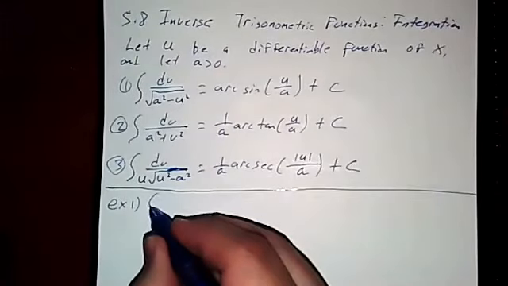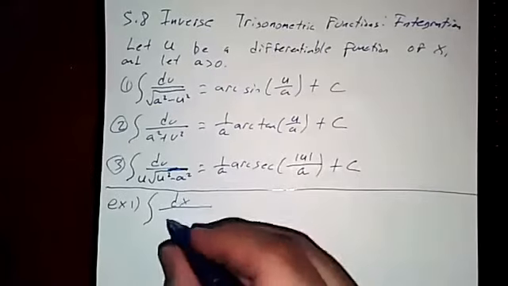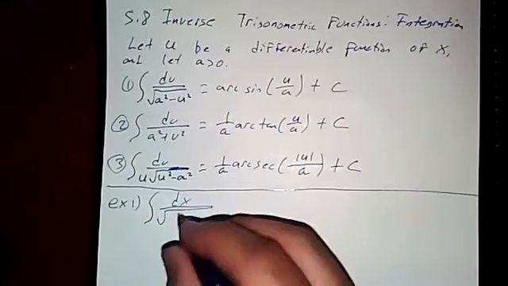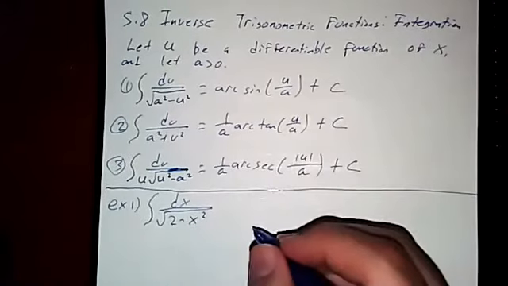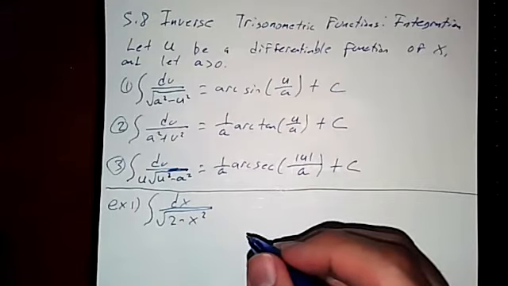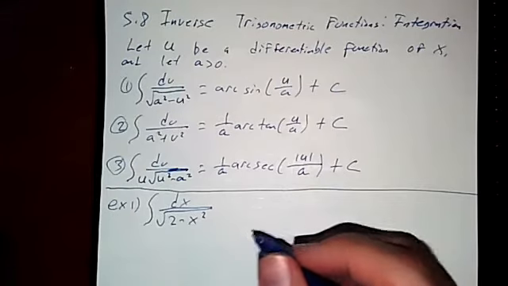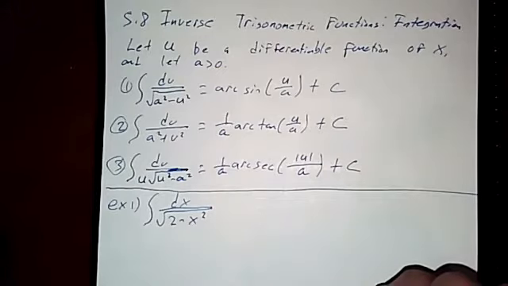Example 1, the integral of dx over the square root of 2 minus x squared. Which one of the 3 formulas up top does it look like?